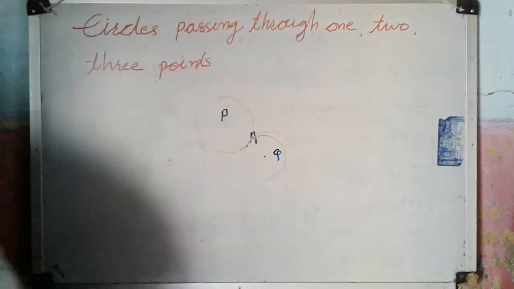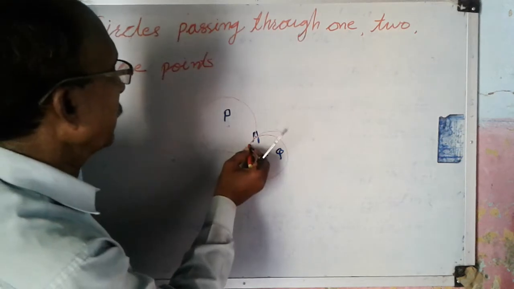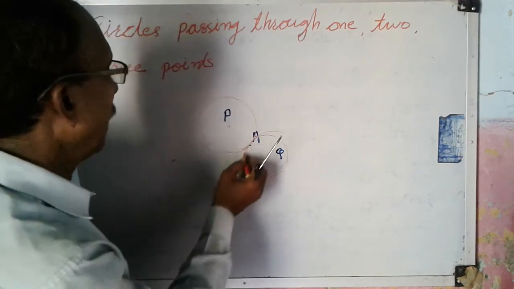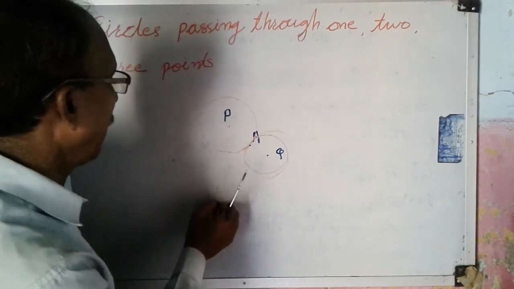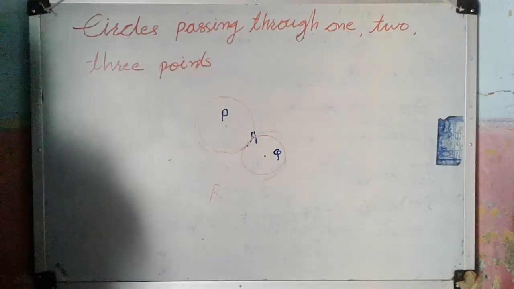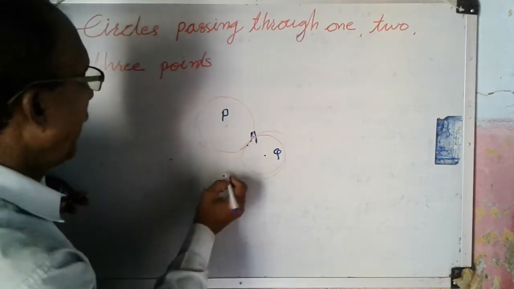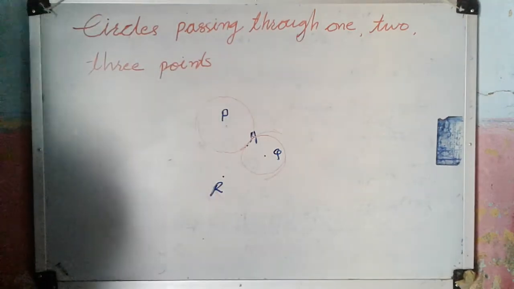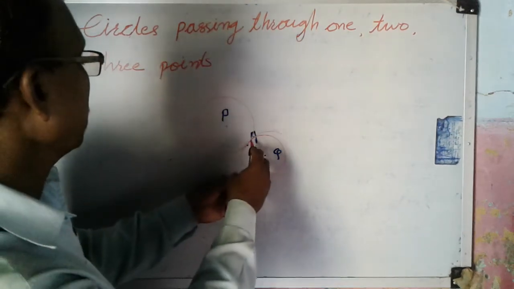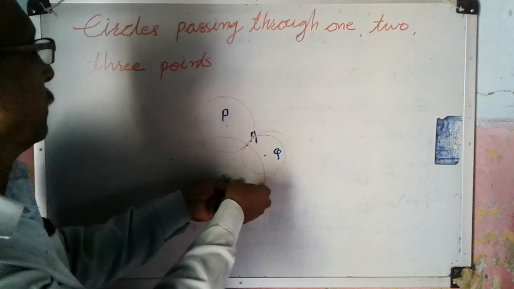In this way, using Q as a center, you can draw this circle. Now you can take another point as R, and taking AR as a radius and R as a center, you can draw another circle.